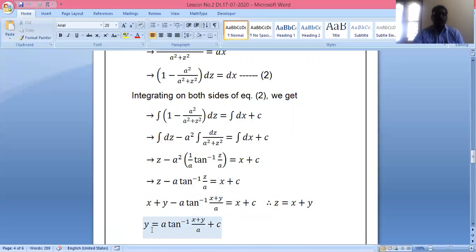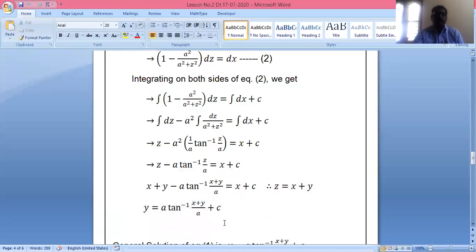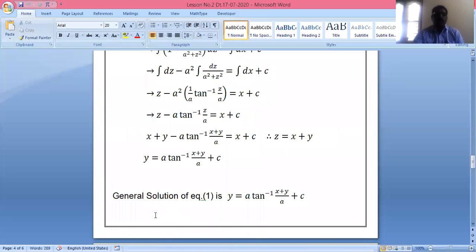Therefore, y = a tan⁻¹((x + y)/a) + c. Therefore, the general solution of equation 1 is y = a tan⁻¹((x + y)/a) + c.